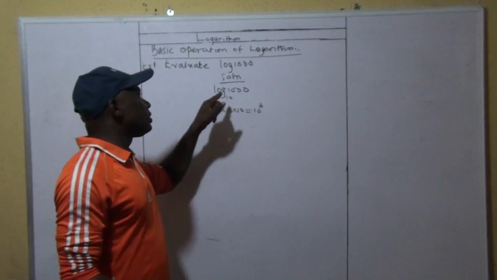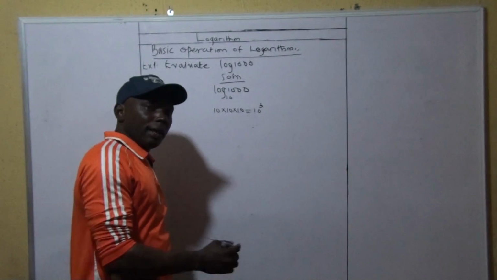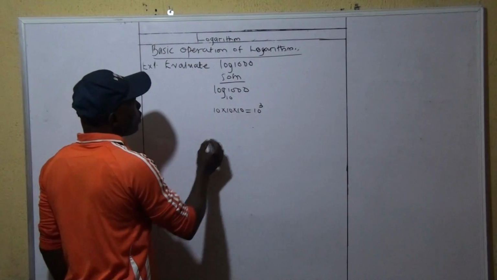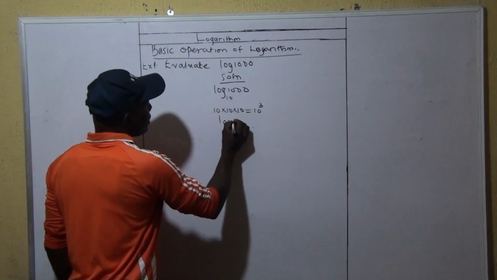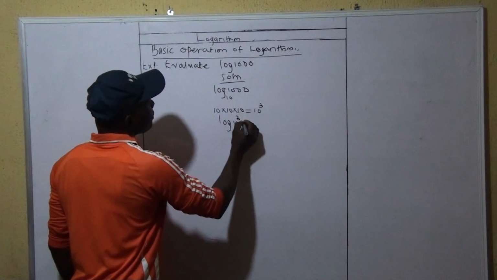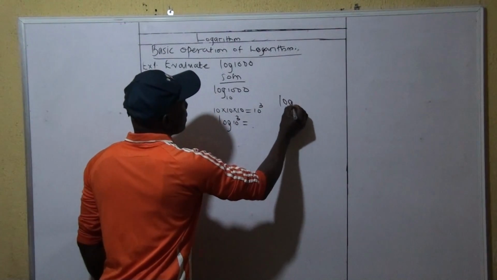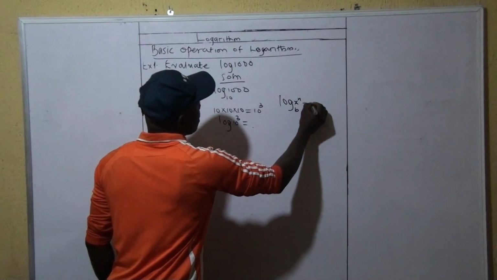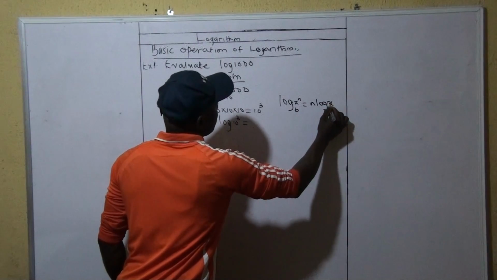So the logarithm of 1000 is now 3. Log 1000 is 3, because the base is 10. So if we do that, we can say this is log 10 raised to 3. And we know from this law that if we have log of x to the power n, to base b, it is equal to n log x to base b.